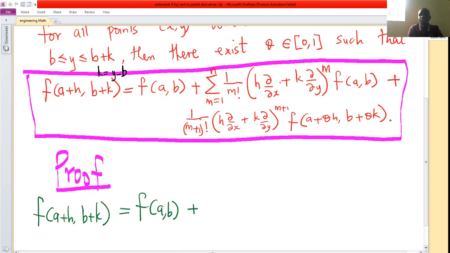Now I want to write a few terms in this summation. So when m is 1, then 1 over 1 factorial, just 1.